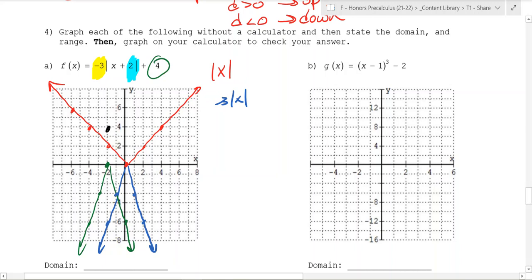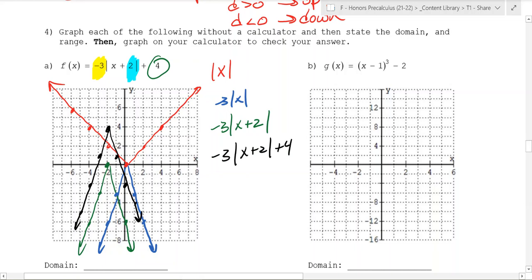So you end up with a final graph just like this. The black is the final. Remember, the green is -3 times the absolute value of x plus 2, and then the black is simply the final, x plus 2, plus 4.